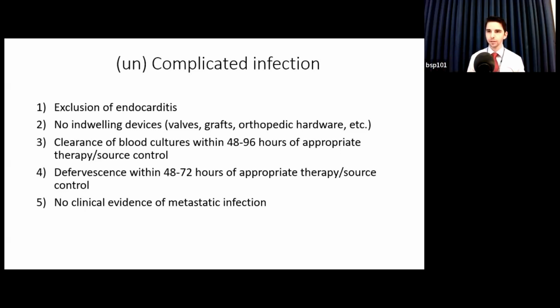If you meet those criteria, then we label that bacteremia as uncomplicated. But if you fail any of those criteria, then you now have a complicated infection. Doesn't mean you have a metastatic site of infection somewhere, but your infection has just become more difficult to treat because your risk of metastatic infection, your risk of recurrence, is higher.